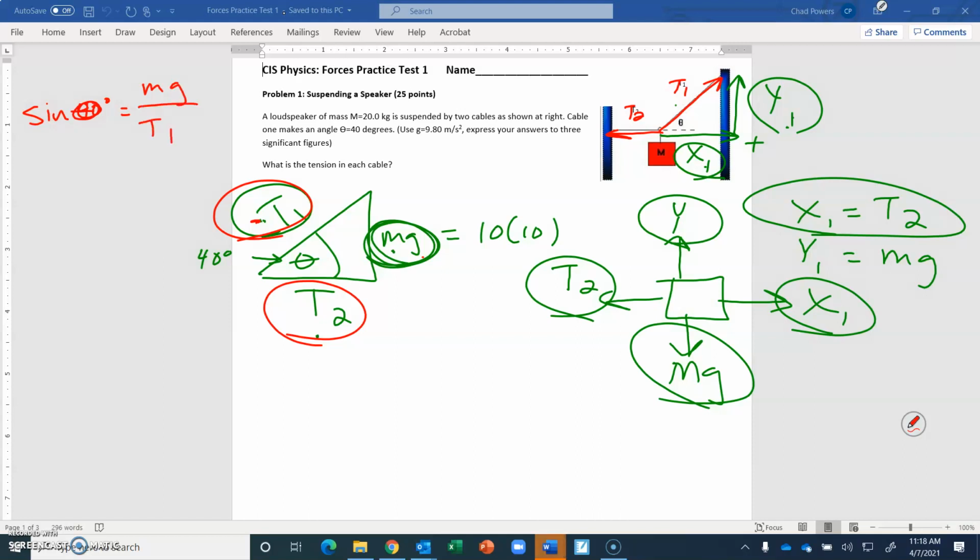How do I solve for the hypotenuse? We can't just say mg sine theta. That's the gut instinct from what we were doing before, but we can't just say that because it's in the denominator. So I have to multiply by T1 and divide by sine theta. We've flipped these essentially. So T1 equals mg divided by sine theta. Just be careful about that.